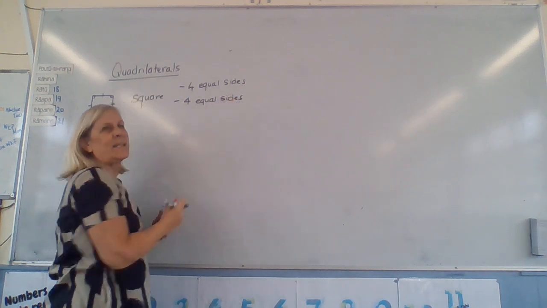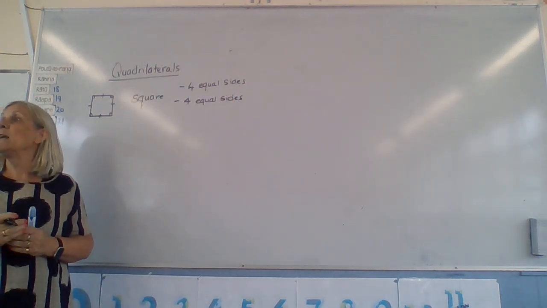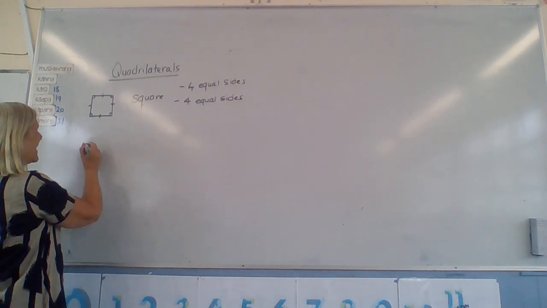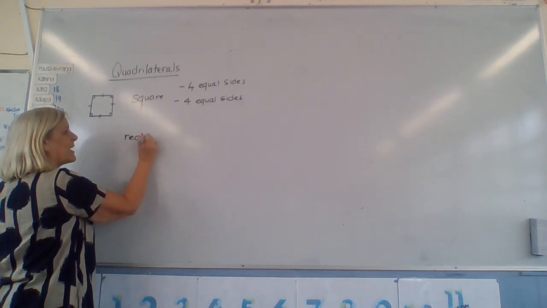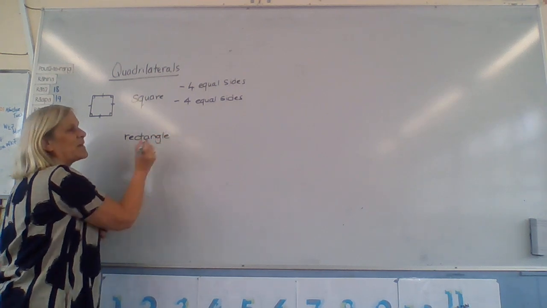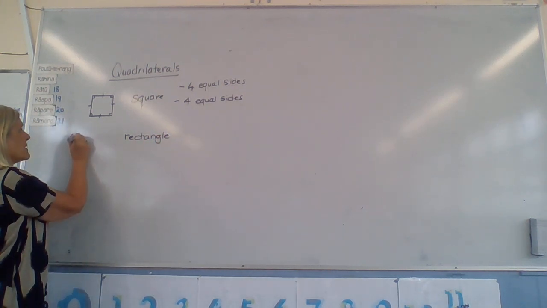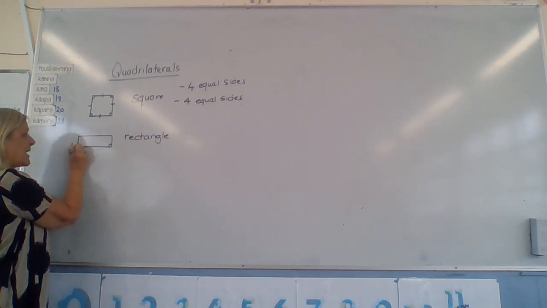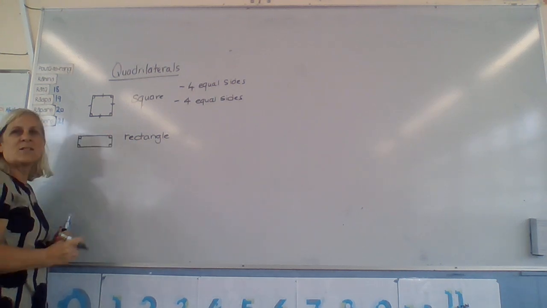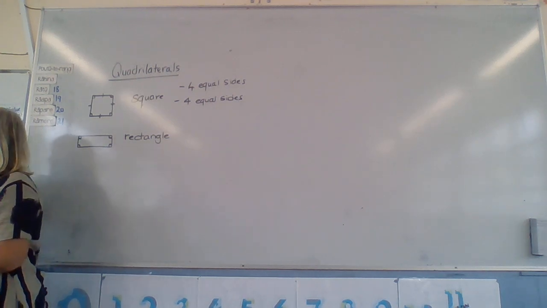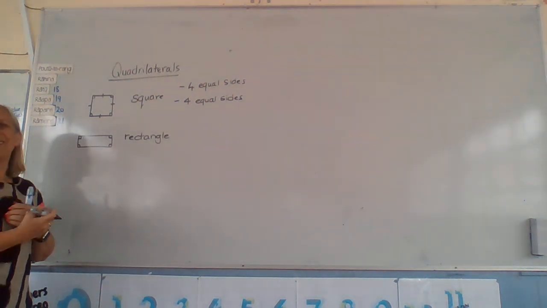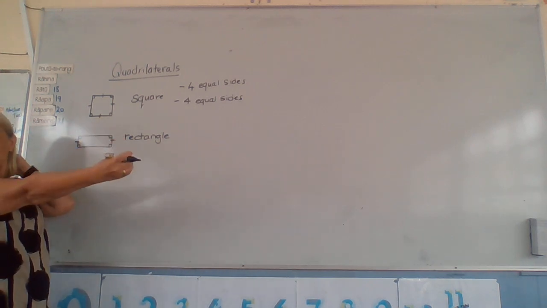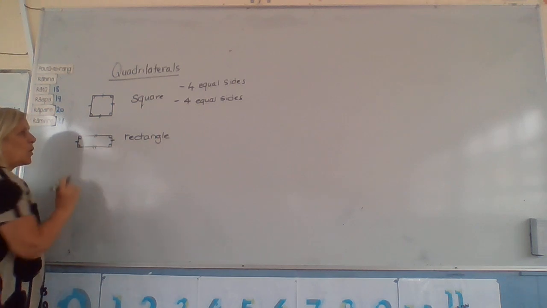Right, next one. Got a little teeny bit harder, and it was called a, let's not shout out, let's put our hands on. Rectangle. All right, so a rectangle, not much different from a square. It still has right angles, but this time it's got 1 dash on 2 sides and 2 dashes on the other sides.